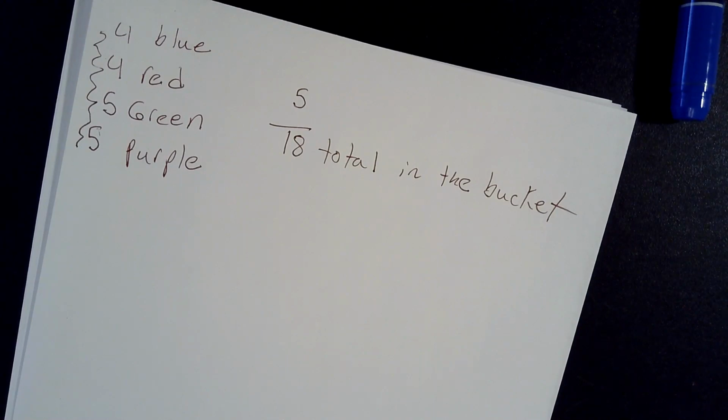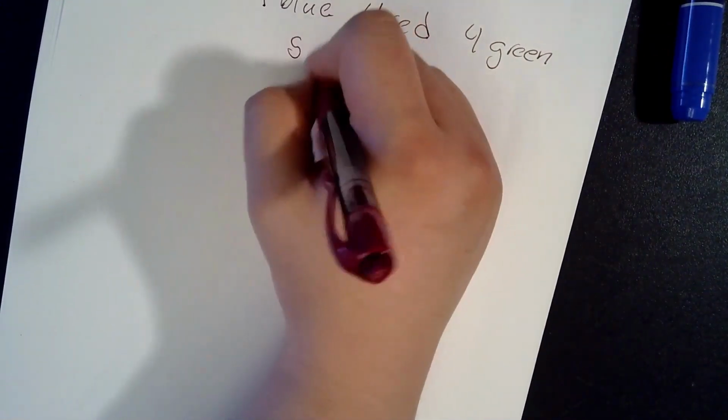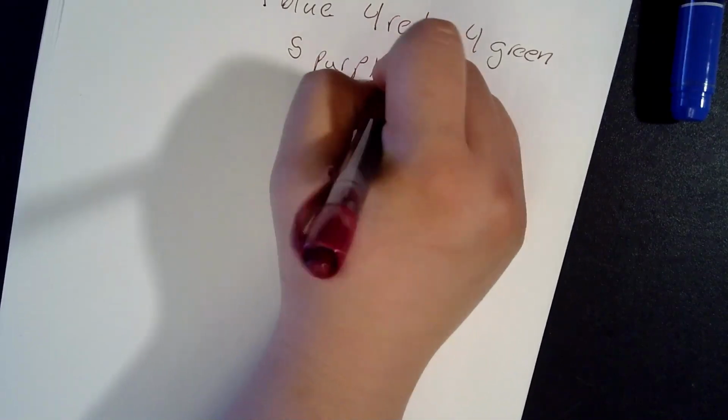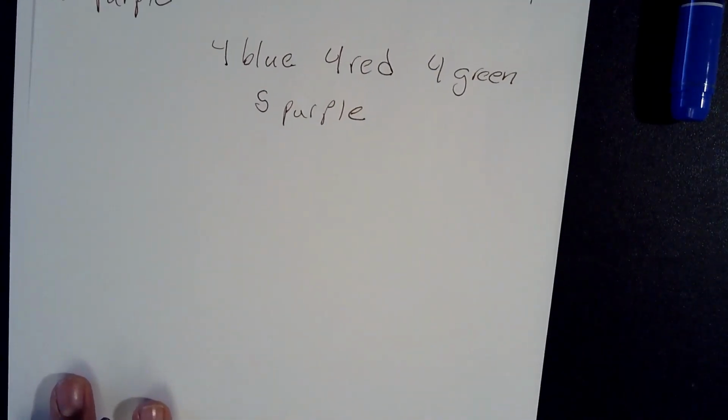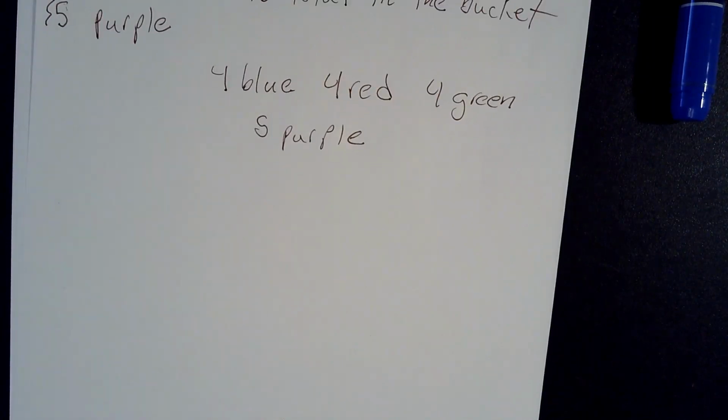Now, we only have 4 blue, 4 red, 4 green, and 5 purple left. Since I haven't replaced any of them, that number is going to keep going down and down and down because I'm not replacing anything.